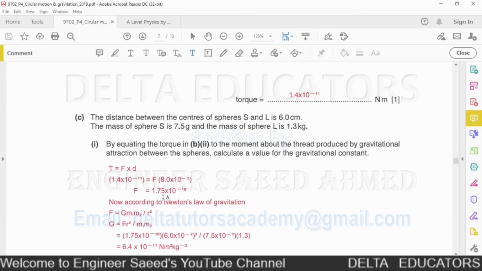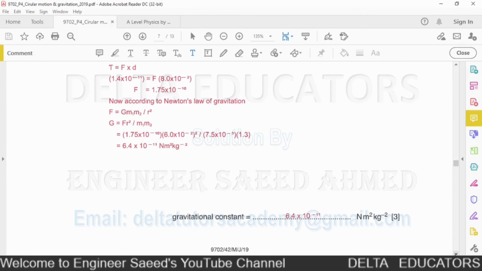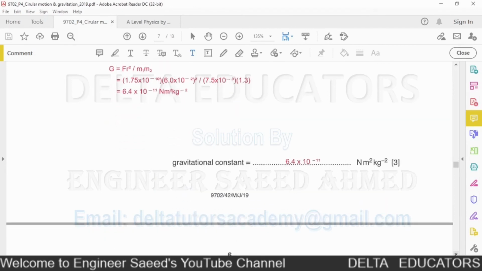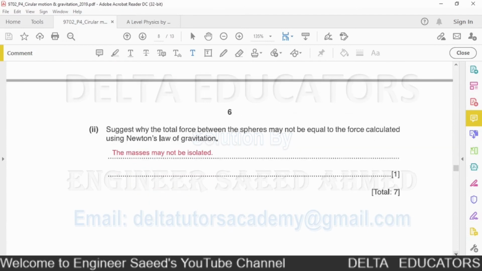Now the same value 1.75 into 10 power minus 10 we have to substitute here, and by solving we will get the value of capital G. It is 6.4 into 10 power negative 11 Newton meter square per kilogram square. So the value of the gravitational constant is 6.4 into 10 power negative 11 Newton meter square per kilogram square.